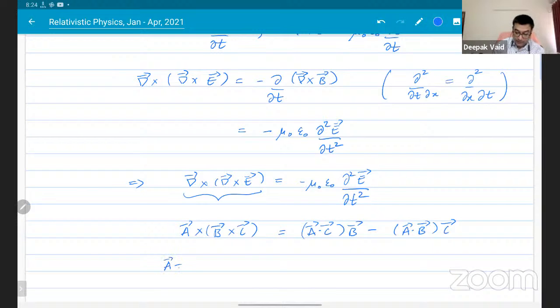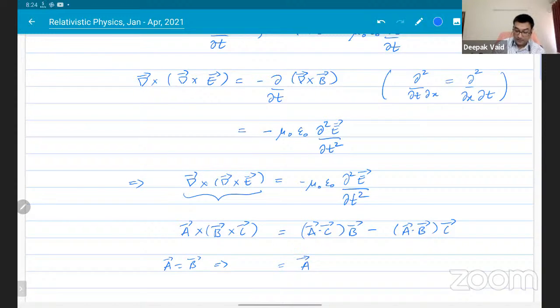So if you set A equal to B, then on the right you get, so A dot C is the number, B is a vector, right? So I can put the B before the number or after the number, it doesn't matter.